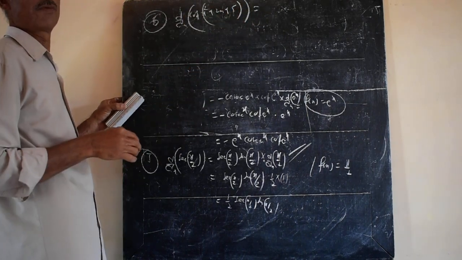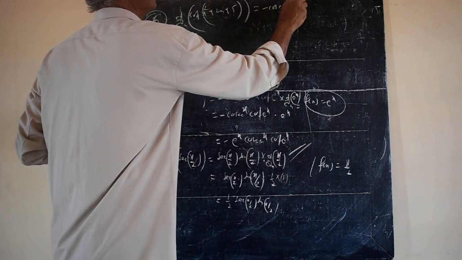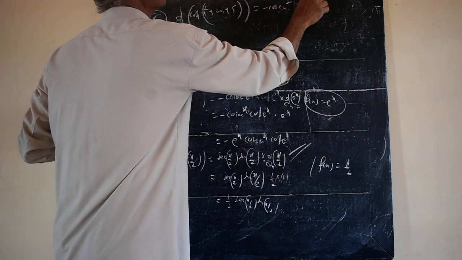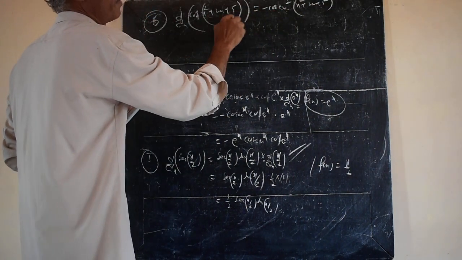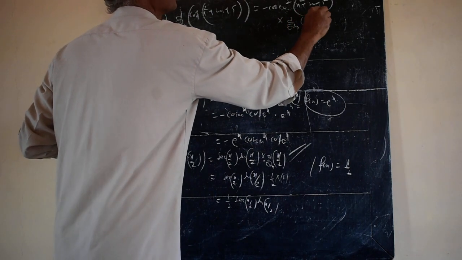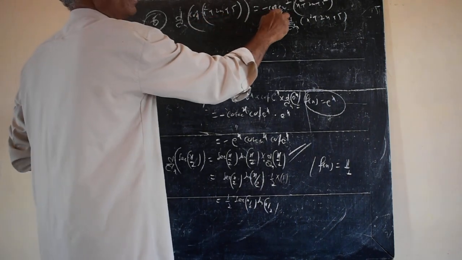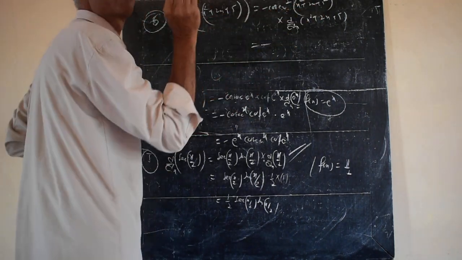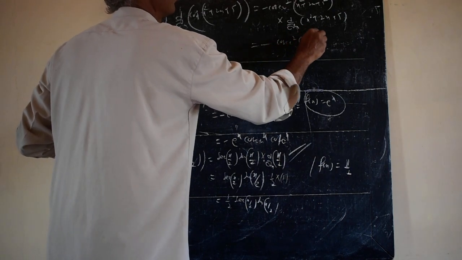First of all, it is cot differentiation, minus cosec square of x square plus 2x plus 5. Cot differentiation is minus cosec square. Here it is f of x into d by dx of x square plus 2x plus 5. That is, cot f of x differentiation is minus cosec square f of x into d by dx of f of x. That is minus cosec square x square plus 2x plus 5.